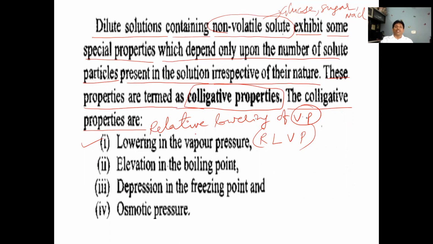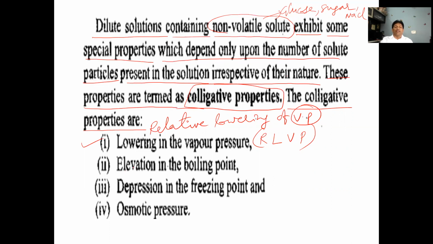At the same temperature, the vapor pressure of the solvent decreases, lowers, when we add non-volatile solute. When we add non-volatile solute particles, what happens now? The vapor pressure of the solvent decreases, lowers.